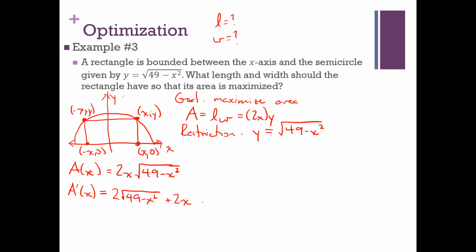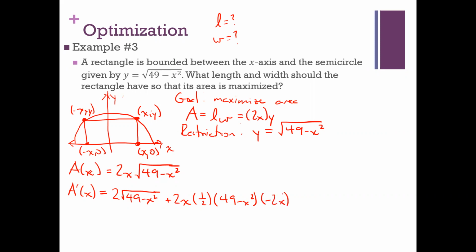So plus 2x times 1/2 one over 49 minus x squared times the inside, the derivative. What's the derivative of the inside? Negative 2x.